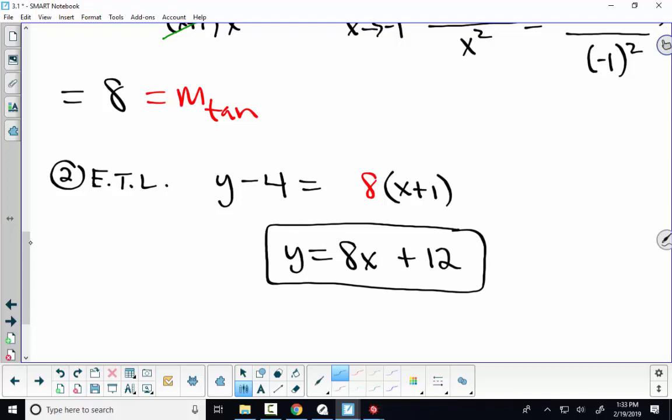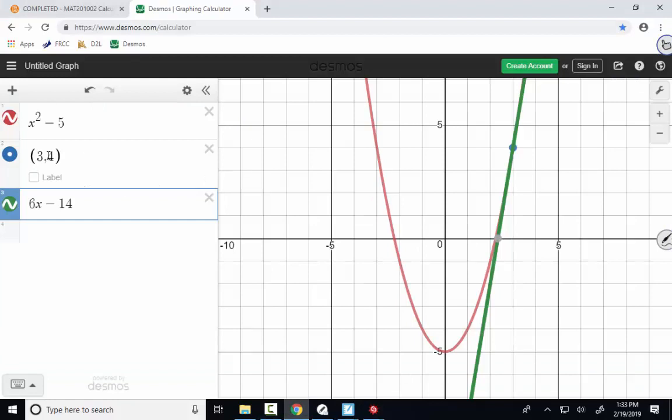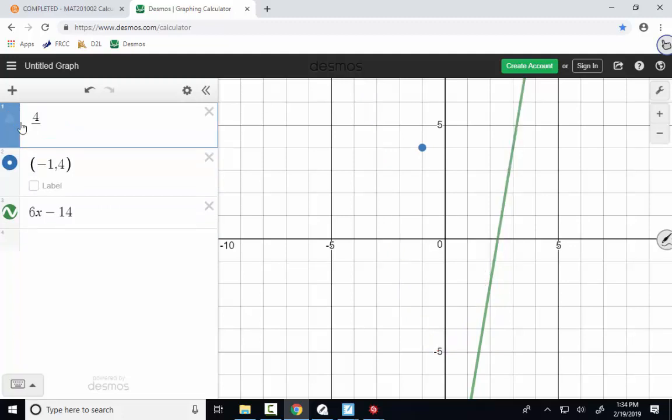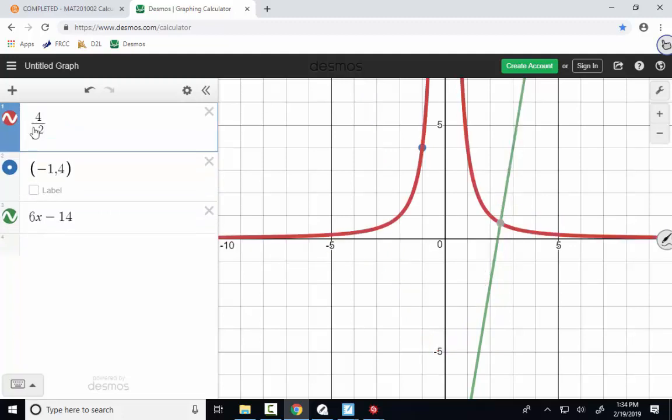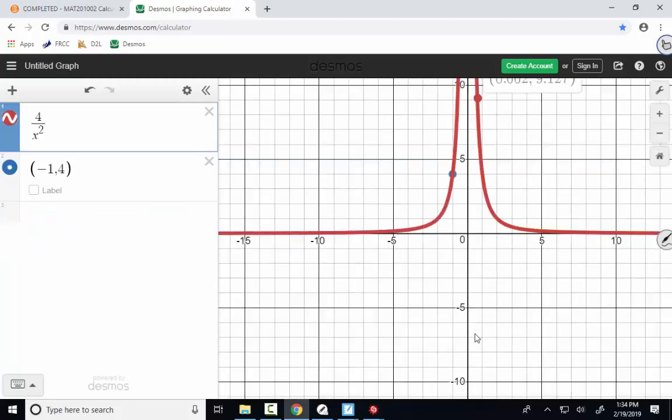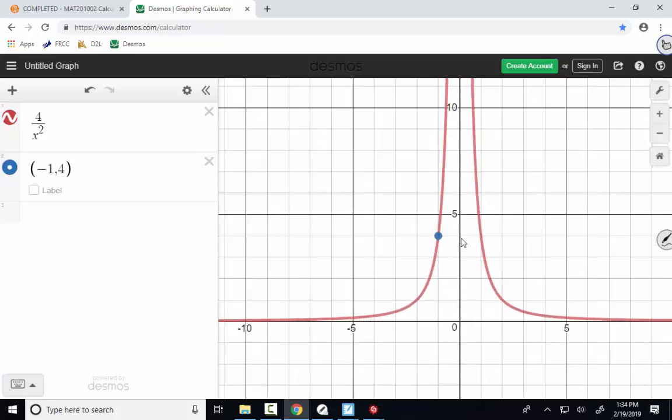So let's look at that. Okay, so there's our function, there's 4 over x squared.